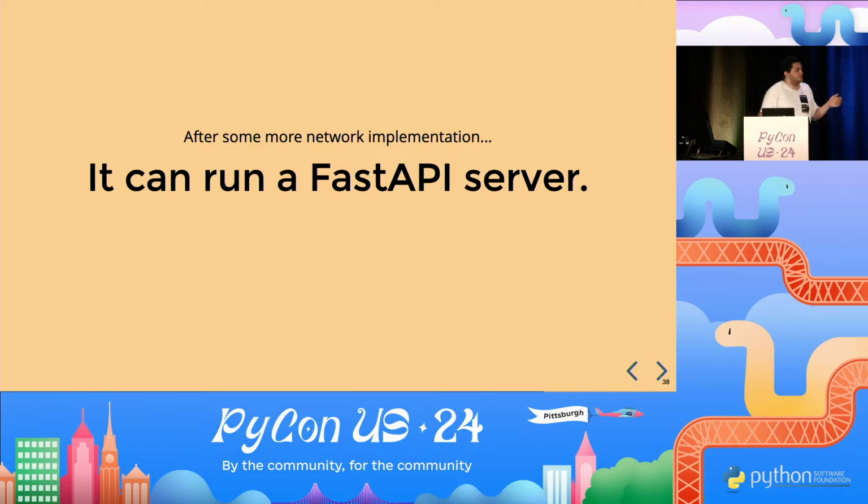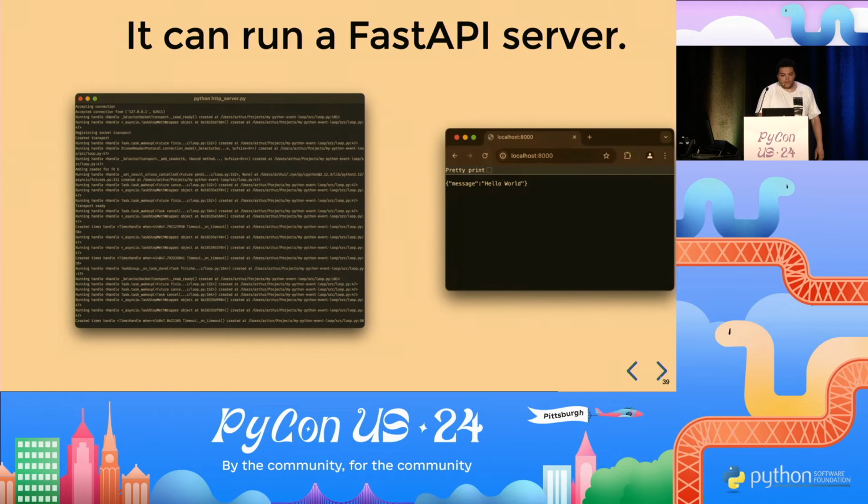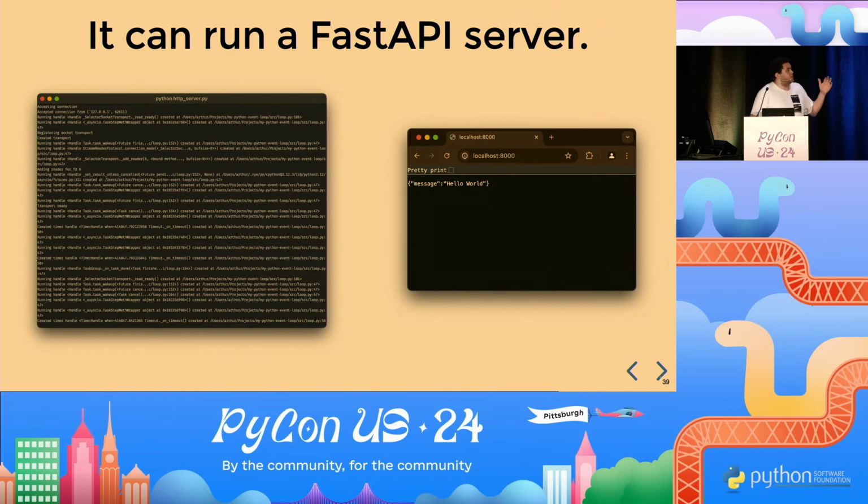I won't show the deep dive into creating the server, but it's available on the repository, and I'll show the link later with the slide. And yes, it can run the server and actually print a hello world message. You can see all my crappy logs done with prints.